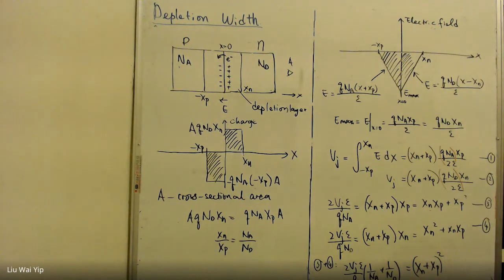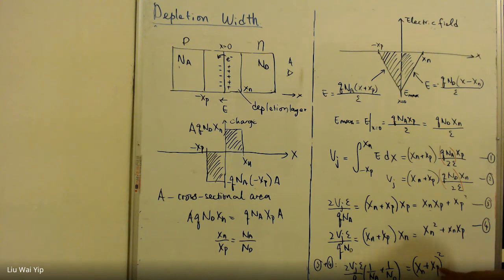So we can quickly conclude from this equation that the value of xn plus xp squared is equal to this amount.